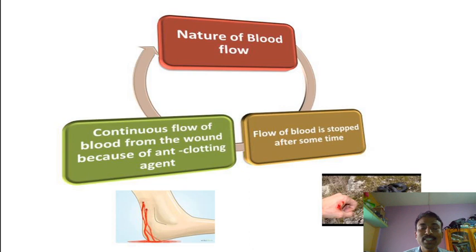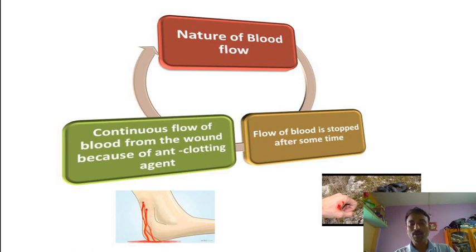Another characteristic is the nature of the blood flow. In the case of a bite from a poisonous snake, suppose this cobra bites me, from my wound there is a continued flow of blood.